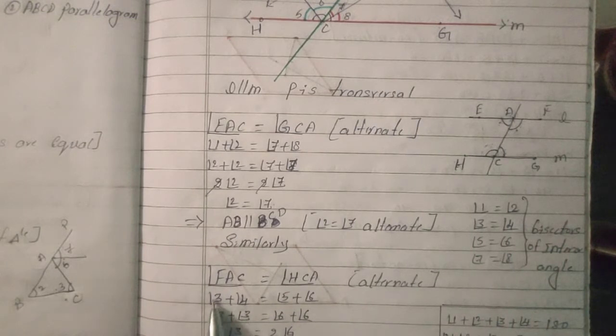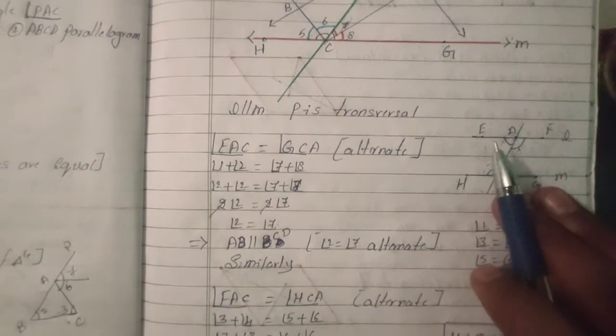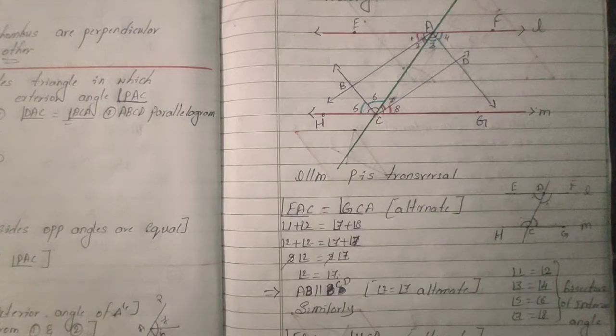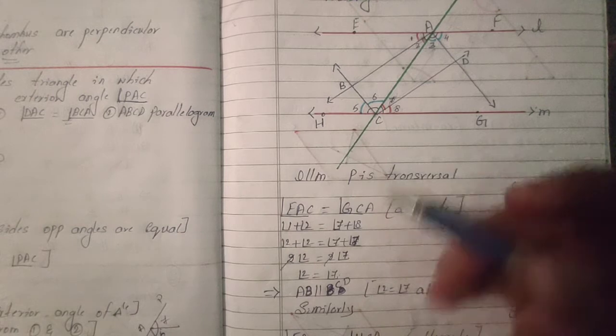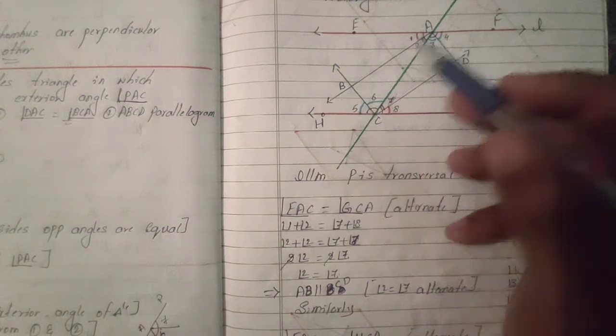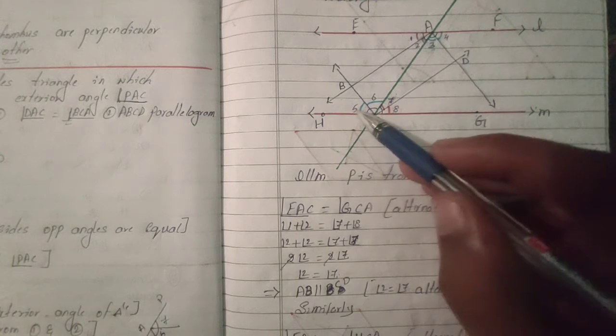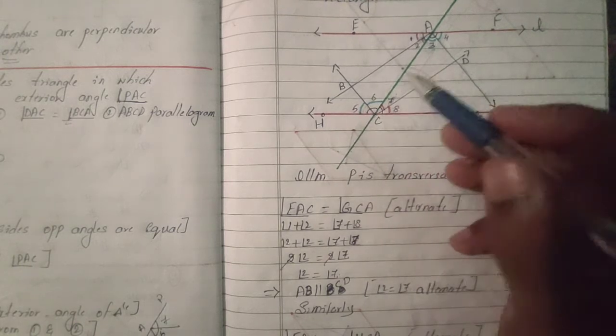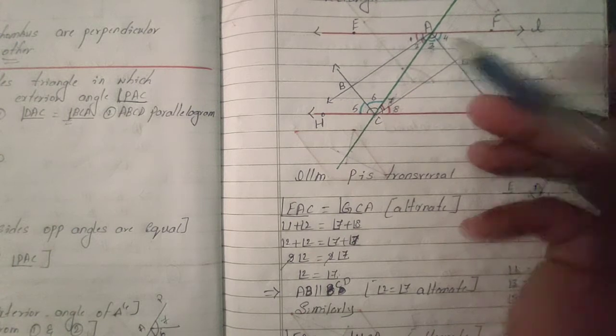So now 3 and 4 equals to 5 and 6. But we are not talking about exterior of this quadrilateral. So 5 I will write it as 6, 4 I will write it as 3.